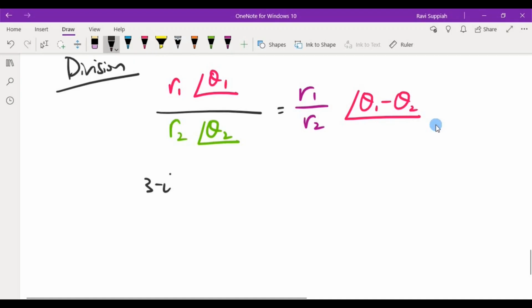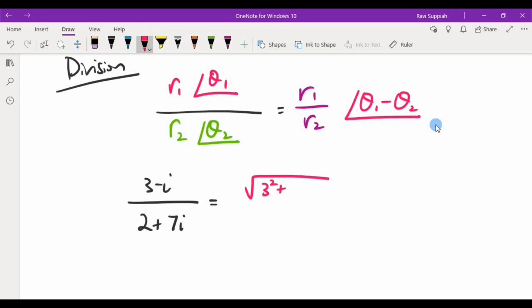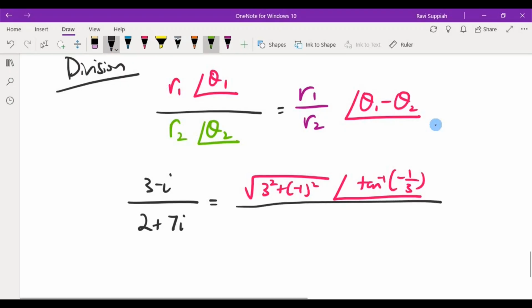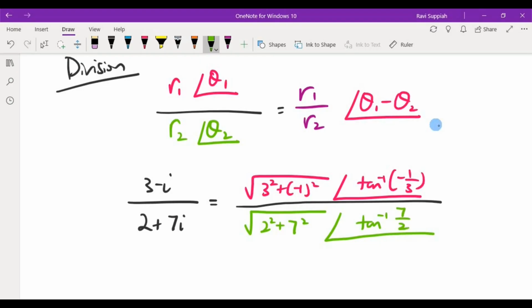Okay, so let's try this with a real example. So 3 minus j divided by 2 plus 7j equals, so we're going to convert both of them to their actual polar forms. So it will be square root of 3 squared plus minus 1 squared, angle inverse tangent of minus 1 over 3, divided by square root 2 squared plus 7 squared, angle inverse tangent of 7 over 2.